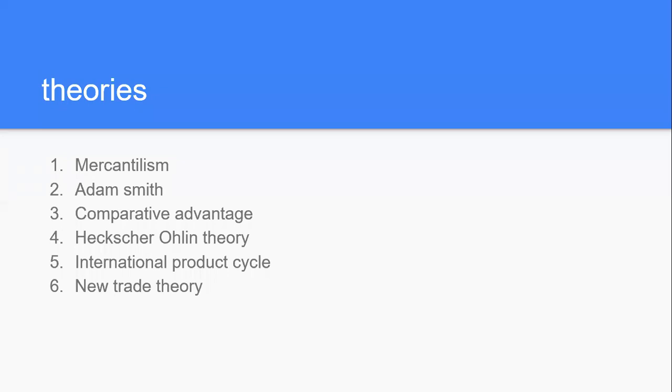For instance, an example I was reading is between India and the US, where India was exporting labor-intensive products to the US, and the US was exporting capital-intensive products to India. That's an example of Ohlin's theory.